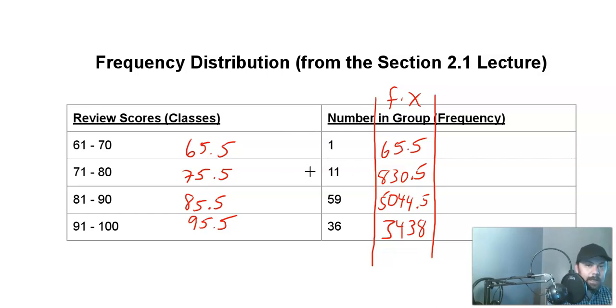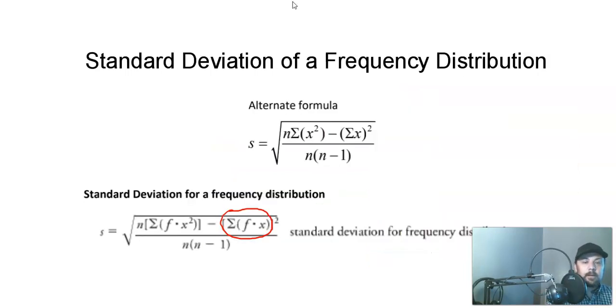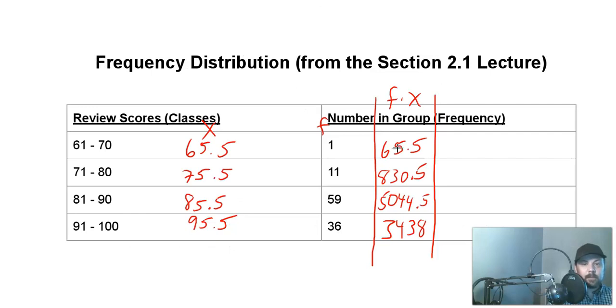All right, so that's taking f times x. This is x right here, and this is f right here for each row. Then we want to sum that up. We want to add up that entire column, all of those calculations. So we're going to add all these up, and this is going to give us the sum of f times x.